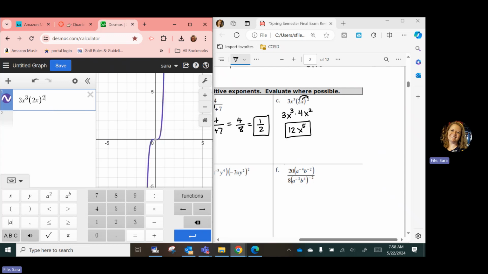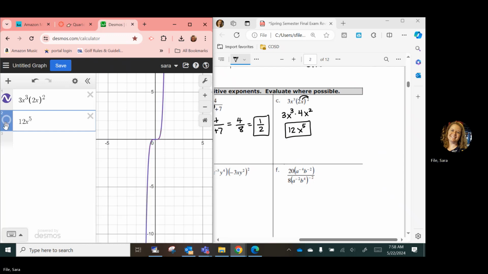So I could look at the graph of that, and then what I simplified it as, 12x to the 5th, and notice that graph that appeared. It is the exact same graph. So I can confirm that I have simplified that correctly because they are still equivalent. They graph exactly the same. If they weren't equivalent, you would have a different graph.